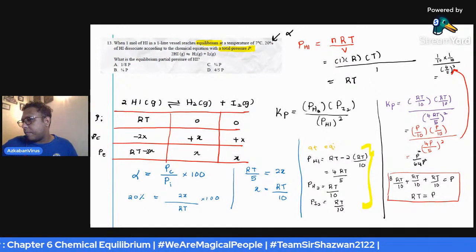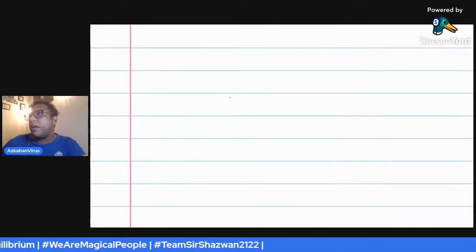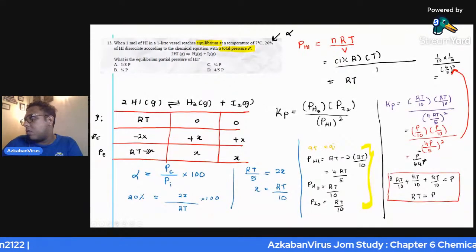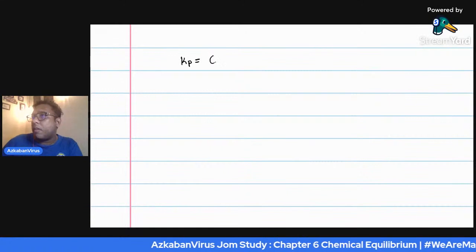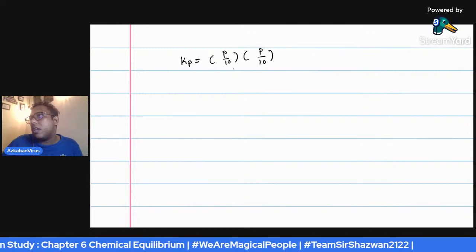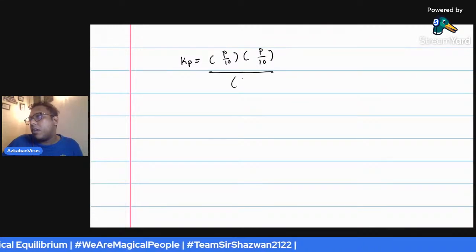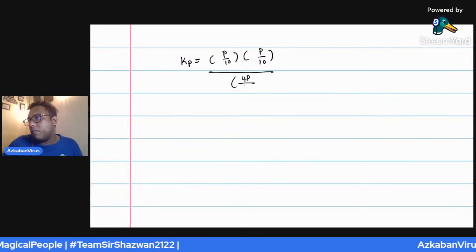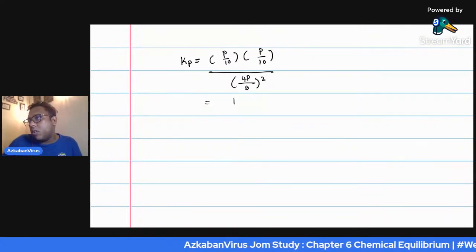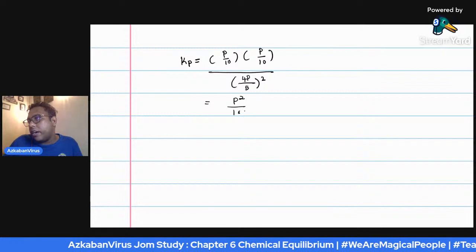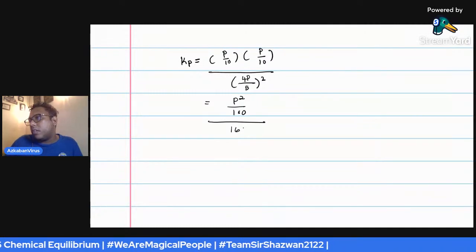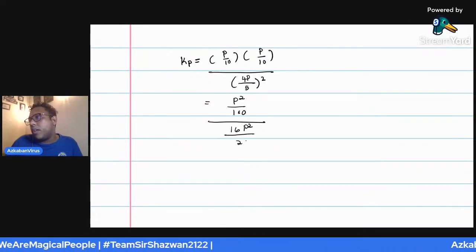Add more paper. Okay. Kp is equal to P over 10 times P over 10 divided by 4P over 5 squared. So this is equal to P squared over 100 divided by 16P squared over 25.